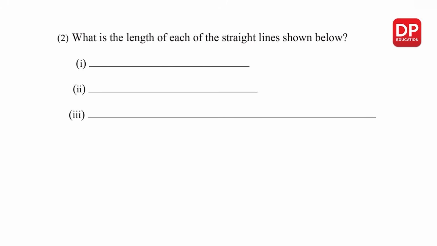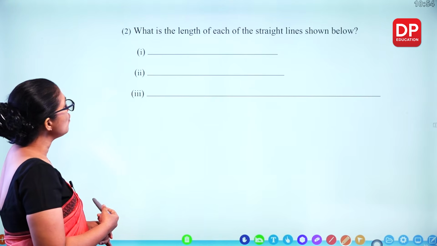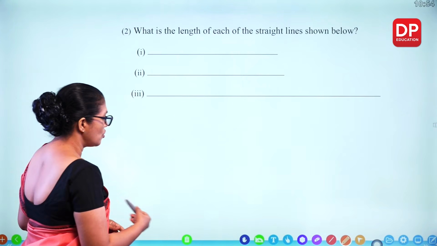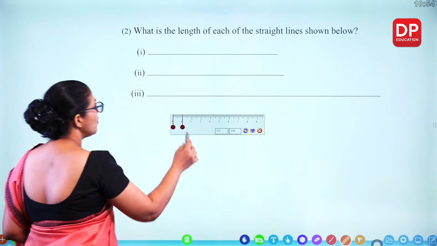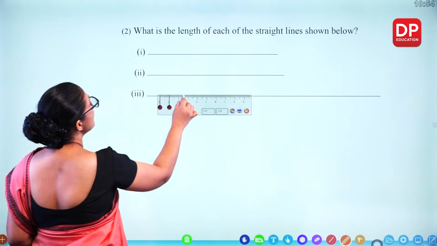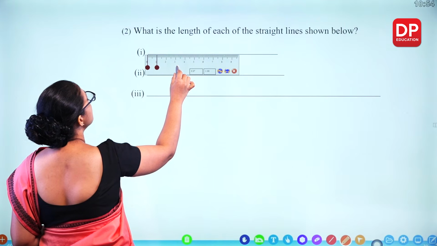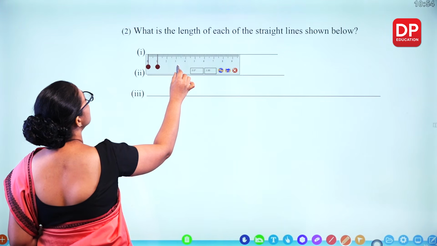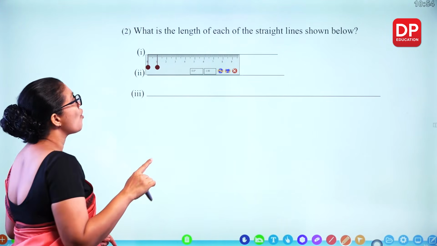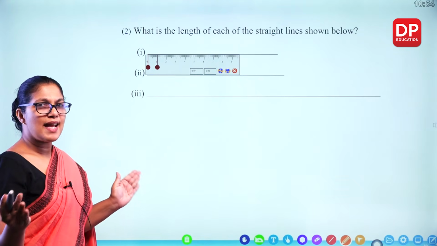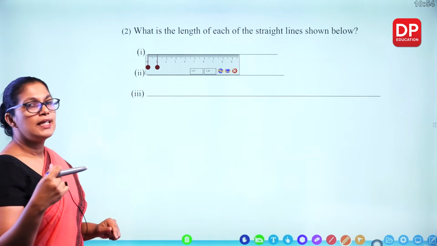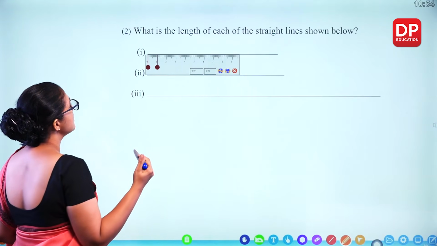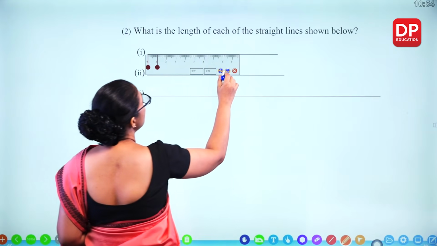What is the length of each of the straight lines shown below? So you have to measure. When you are measuring, sometimes you can't read at once. If the length is a long one, but if you draw on a paper, that means less than 30 centimeters. So you can use a 30 centimeter ruler to measure this length. So I'll take this one.